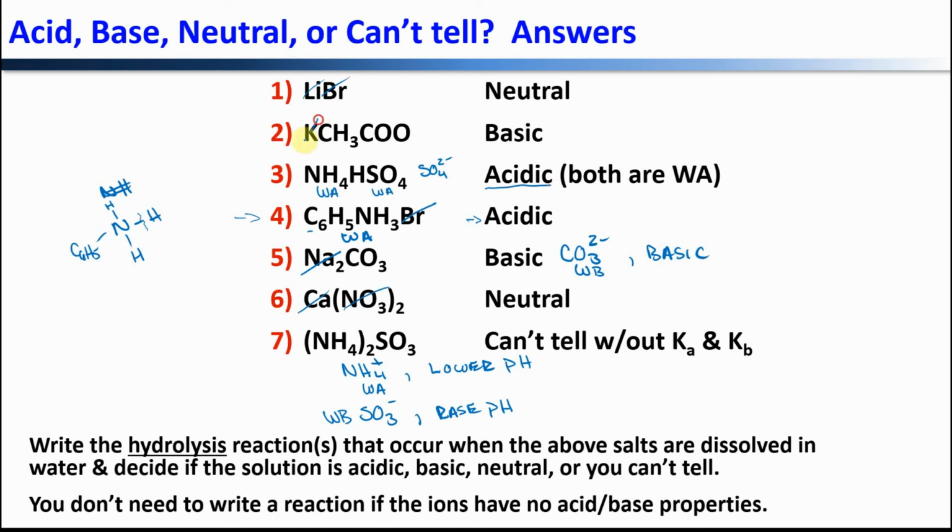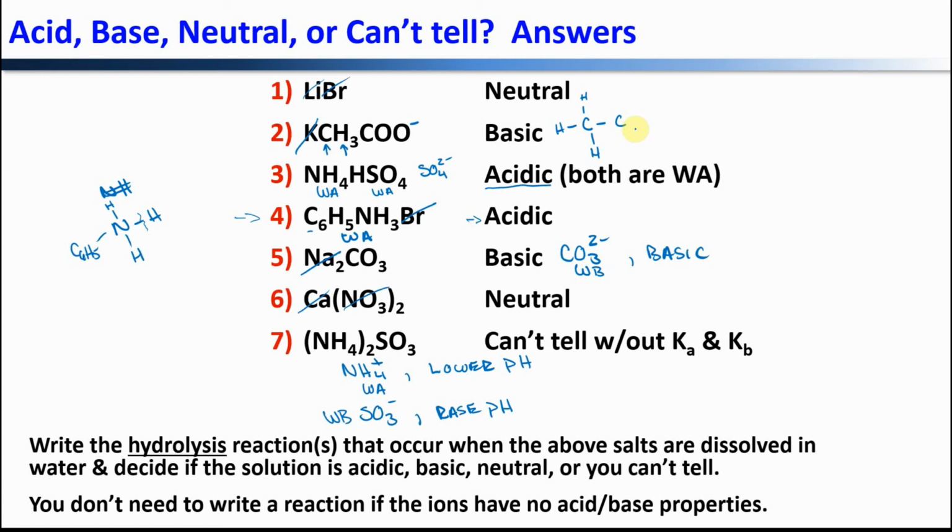And let's see what's going on here. Forgot to cross out my potassium. So that leaves me my CH3COO minus. These hydrogens are attached to that carbon. So what do I have structure-wise? I have something that looks like this, and then I'm going to go to a carbon and then to my oxygens.